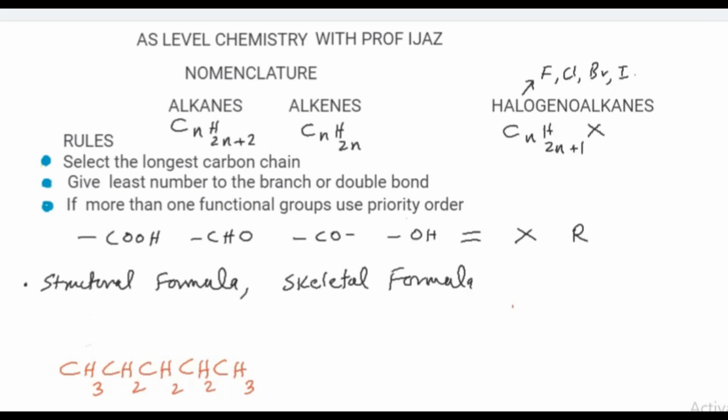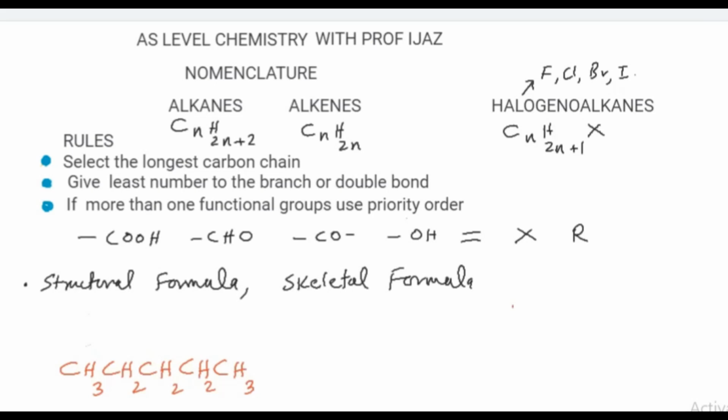Let's look at three types of organic compounds: alkane, alkene, and halogenoalkane. Alkanes have the general formula CnH2n+2. Alkenes have the general formula CnH2n. And halogenoalkanes, CnH2n+1X. X stands for halogens like fluorine, chlorine, bromine, and iodine.